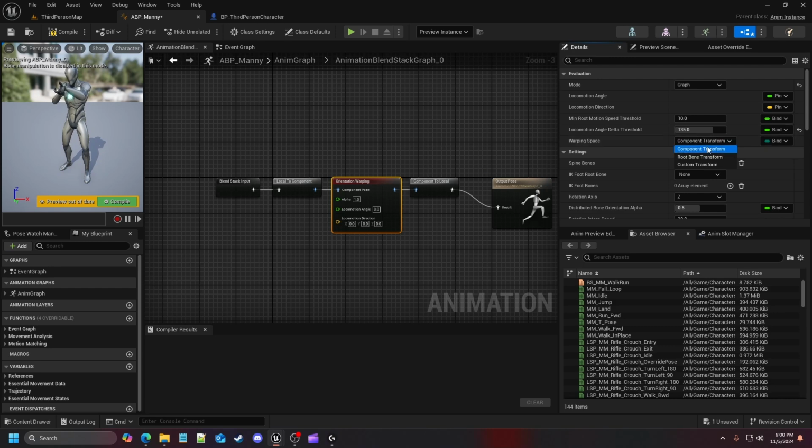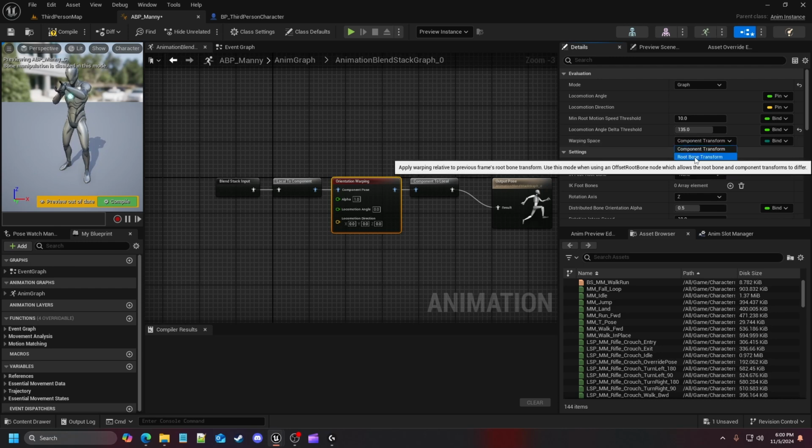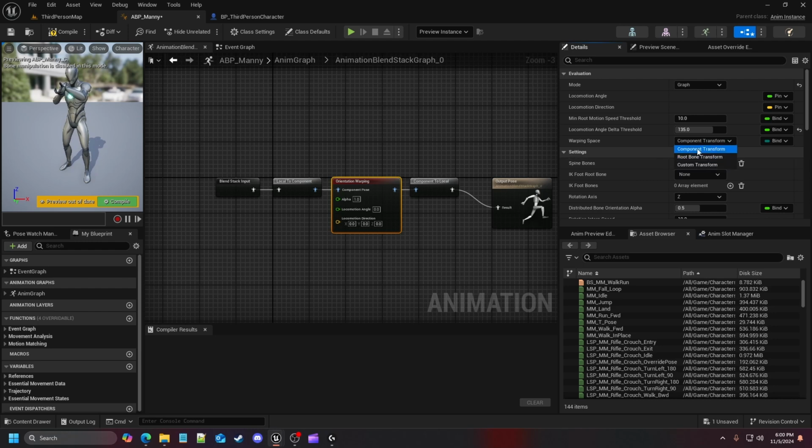So for this instance, what I prefer doing is keeping it to component transform. Like I said here, use this mode when using an offset root bone, which allows the root bone and component transforms to differ. Unless we set up the offset root bone node, I do not recommend using this, so just keep it to component transform. It still works just as well.